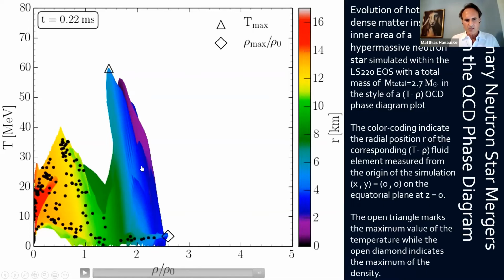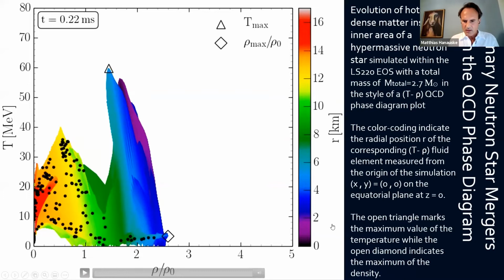And the color visualizes where the matter in the remnant is. For example, this region here is really in the core of the remnant, and these regions are at 10 kilometers outside.